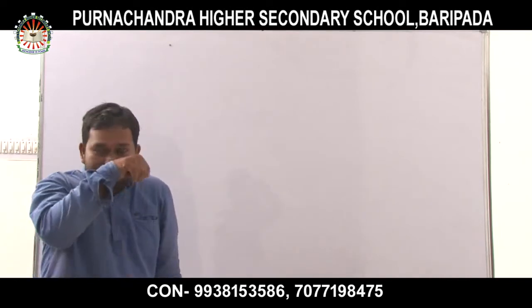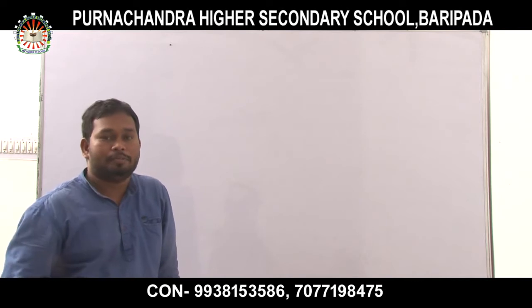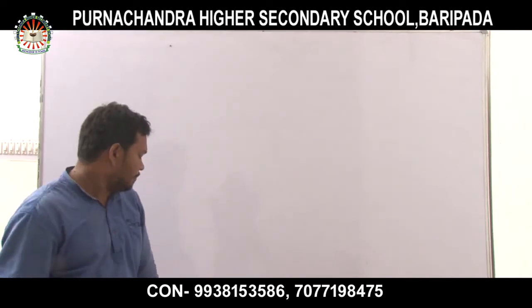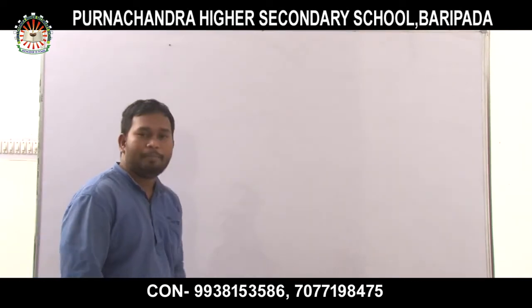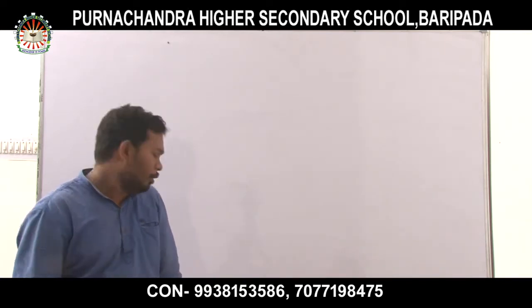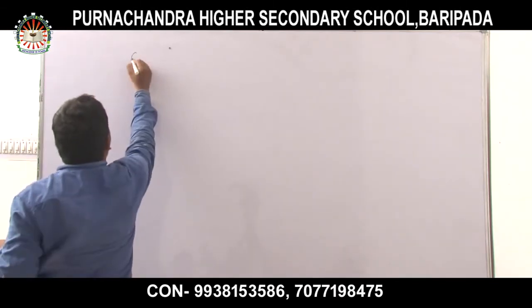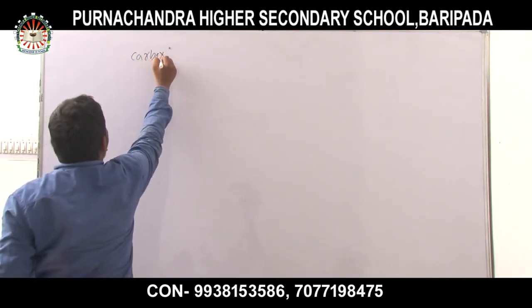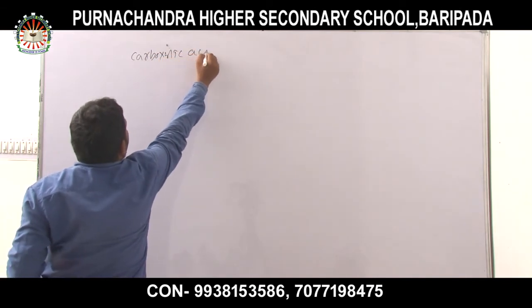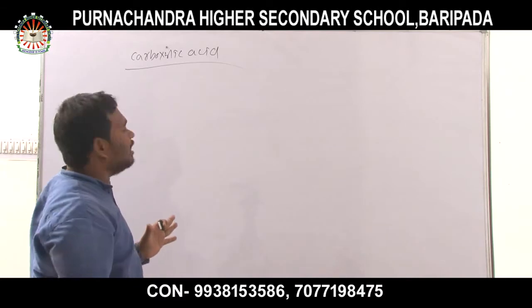Today we will discuss the monocarboxylic acid and its derivatives. In the previous class we already finished the aldehyde and ketone, and today we will discuss the carboxylic acid, its naming and the fundamentals behind it.